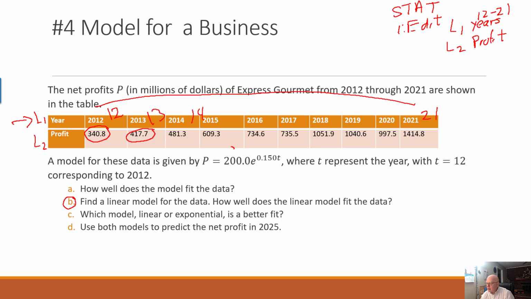Next thing, double check. If possible, ask someone to double check it for you. Make sure all your numbers are there and they're correct. Make sure it's a 340.8 and not a 348.0 or something like that. Make sure they're correct. Otherwise, everything goes downhill from here on.